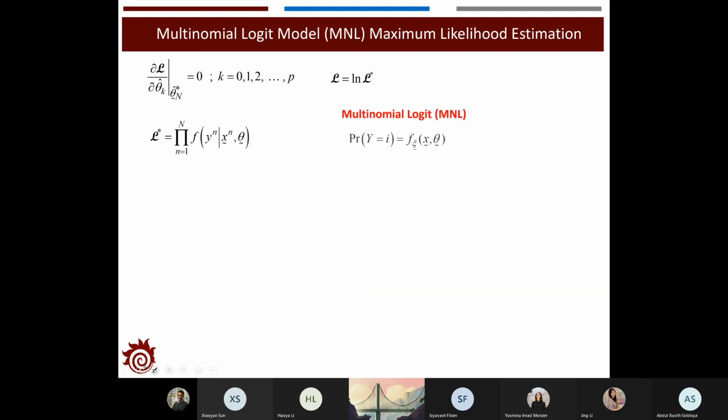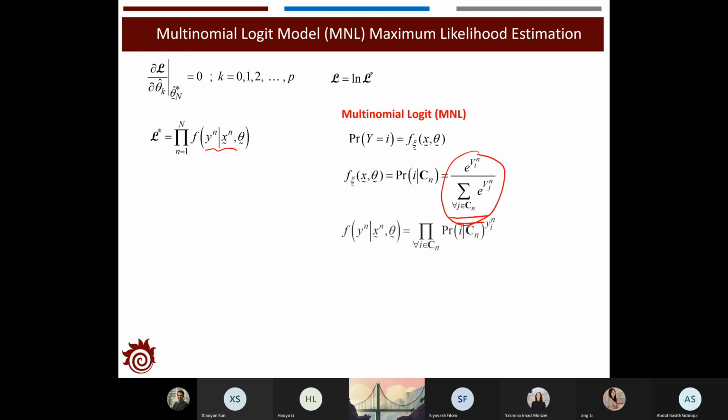For the multinomial logit model, basically we will just replace the probability with the one that we derived previously, and replace the f of yn given xn and theta in the likelihood function.